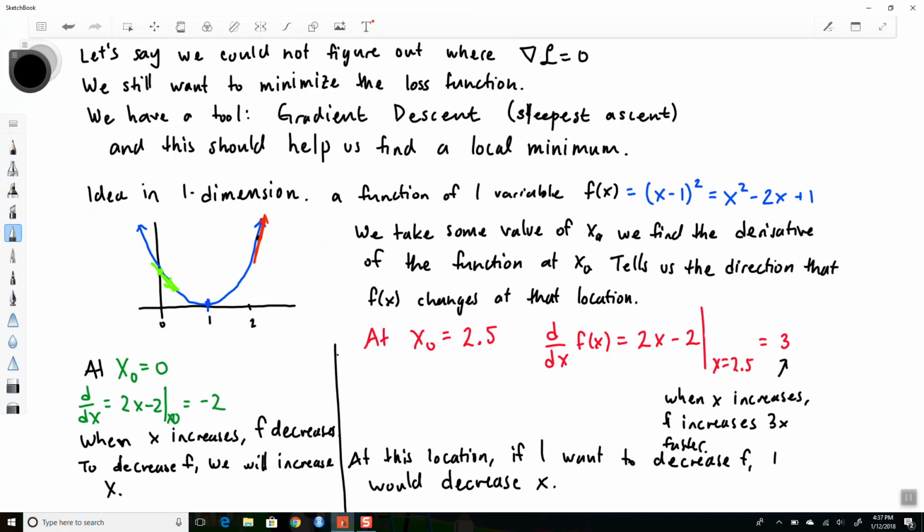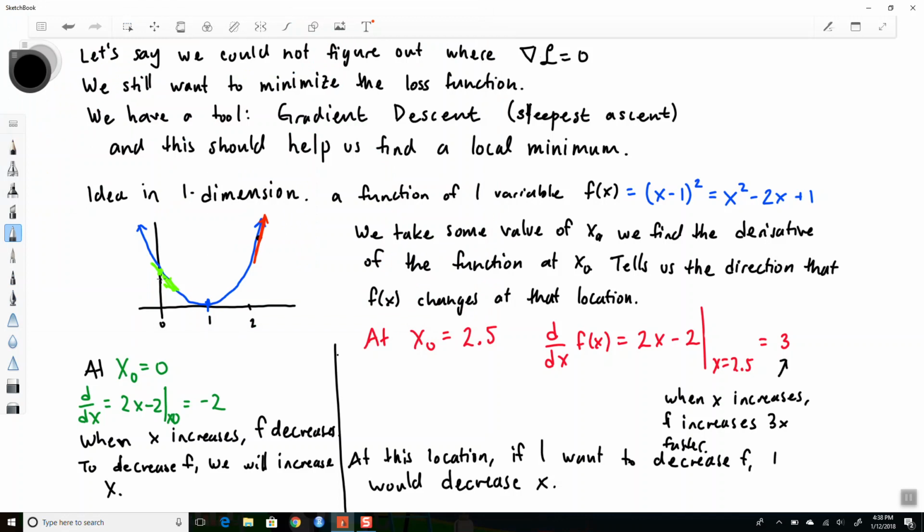Okay, so by taking the derivative, this will tell us in which direction we should move if we want to increase or decrease f, right? So if we take the derivative at x and the derivative is positive, if our goal is to minimize f, then we would move in the opposite direction. We would move to smaller values of x, okay?